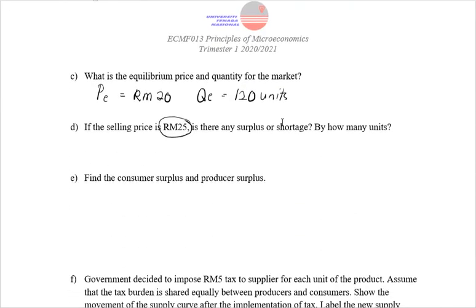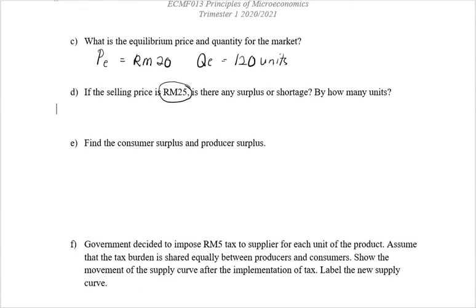Okay, so your answer here should be surplus. You are going to get surplus by how many units? 160 units, which is the quantity supplied, minus 60 units, which is the quantity demanded.